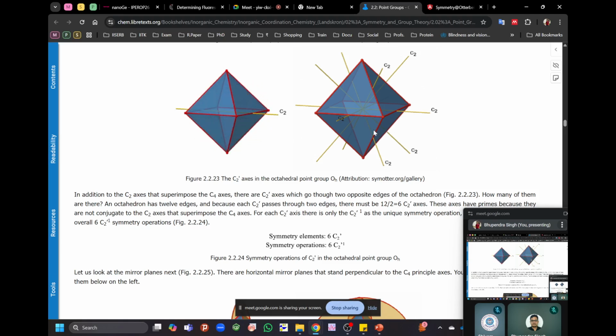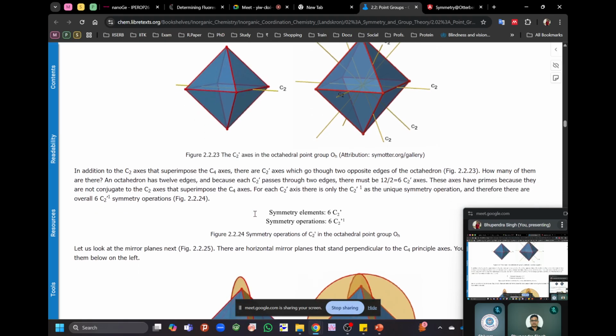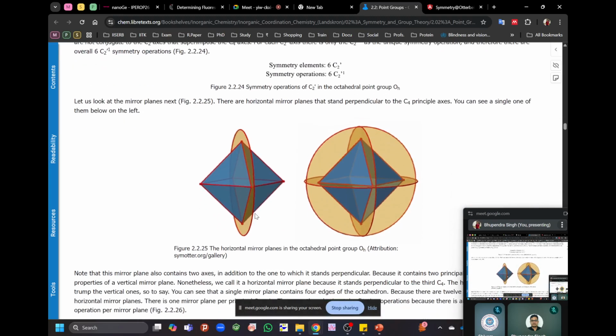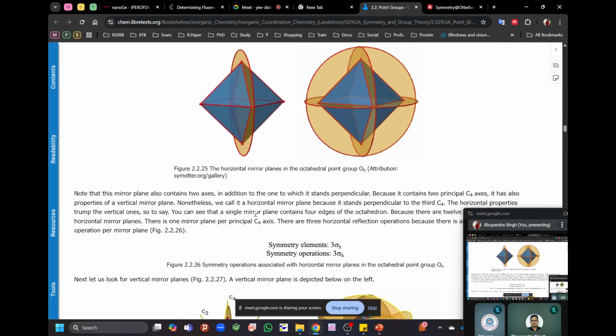So how many edges are there? 12 edges in total, and the C2 axis is passing through 2 edges. So simply calculate that 6 C2 elements are present. Okay.